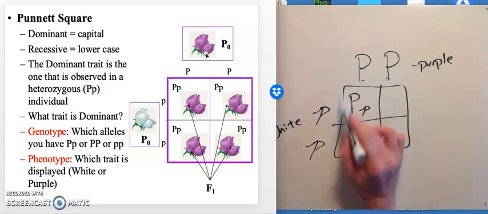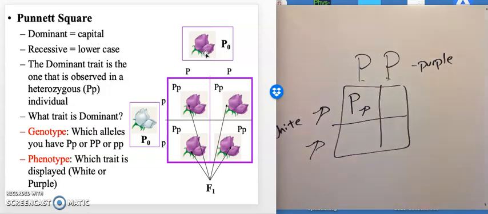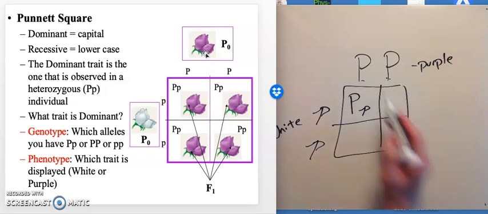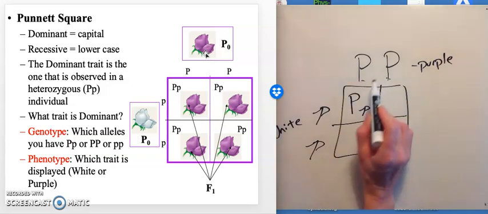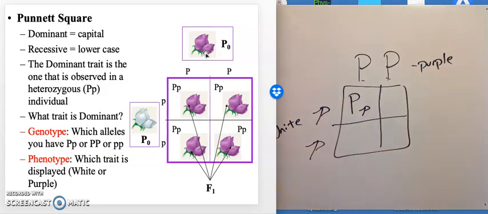These offspring have two different versions of those genes, but they have the same phenotype as the purple parent. What combination of alleles or what versions of the genes they have are called their genotype, and we have vocab words that describe those genotypes.